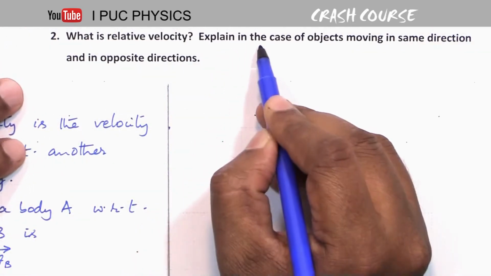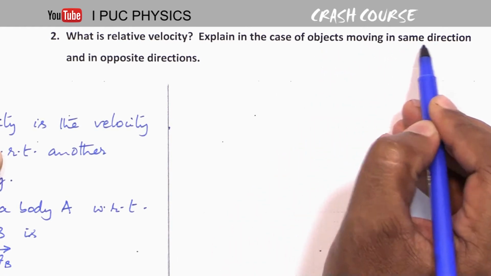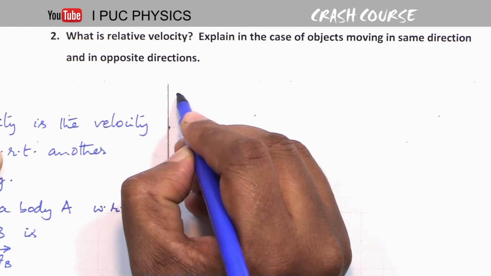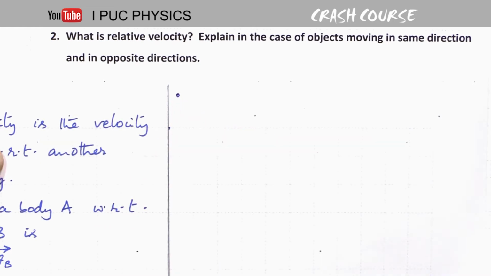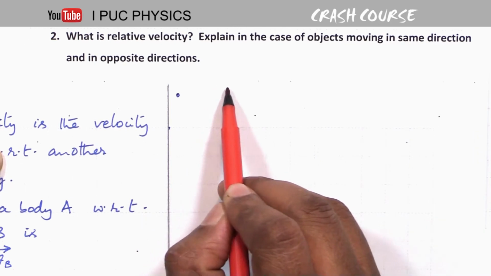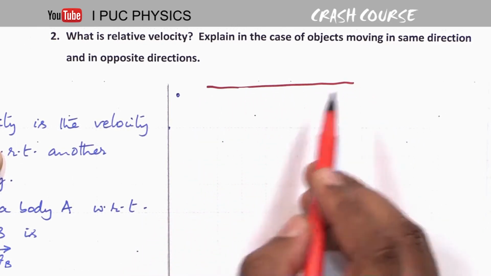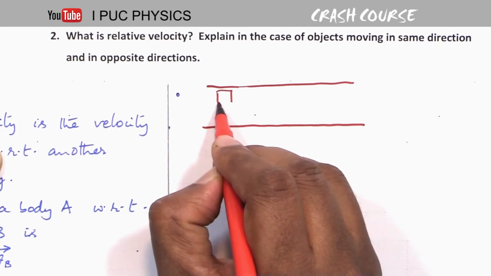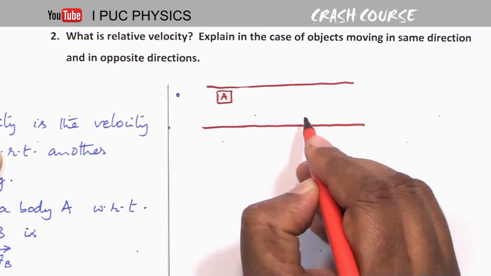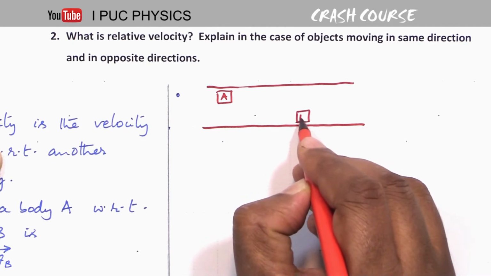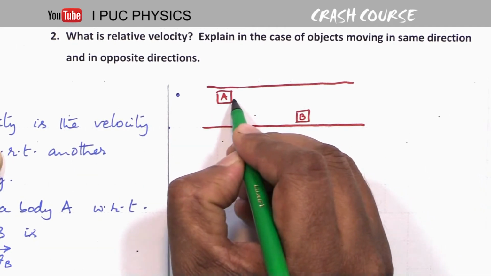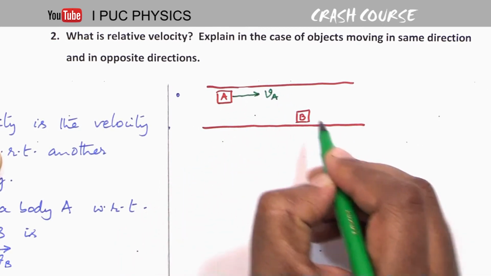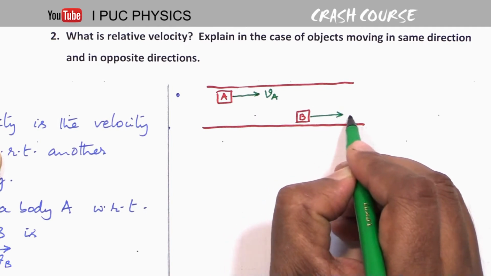Now explain in the case of objects moving in the same direction. Suppose this is a road. This is vehicle A. This is vehicle B. Vehicle A is moving with velocity VA and vehicle B is moving with velocity VB.